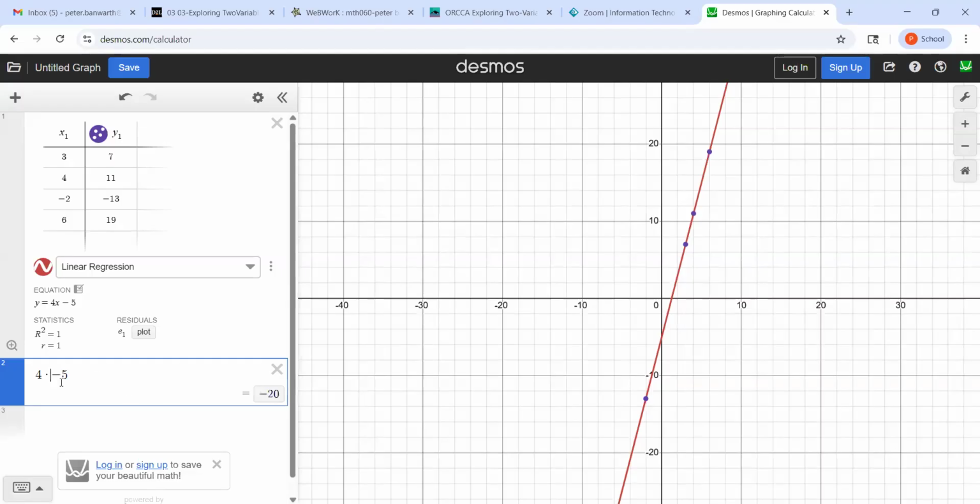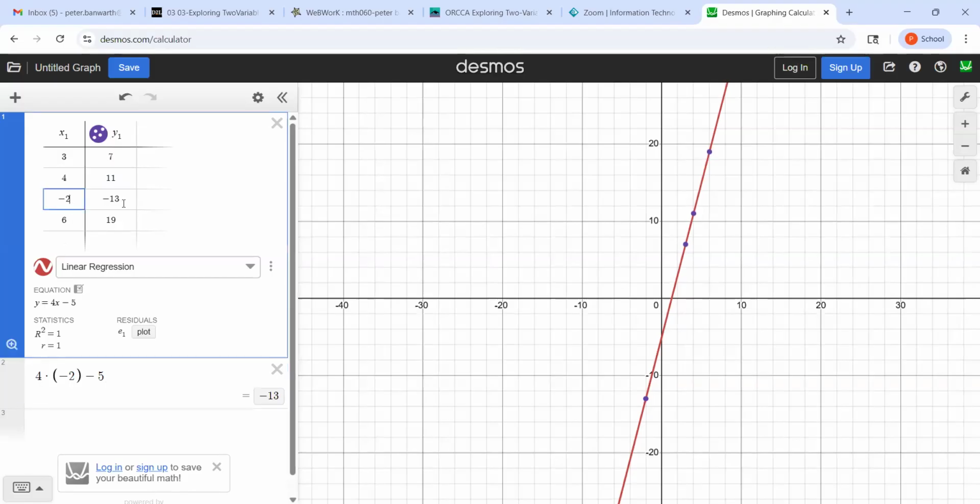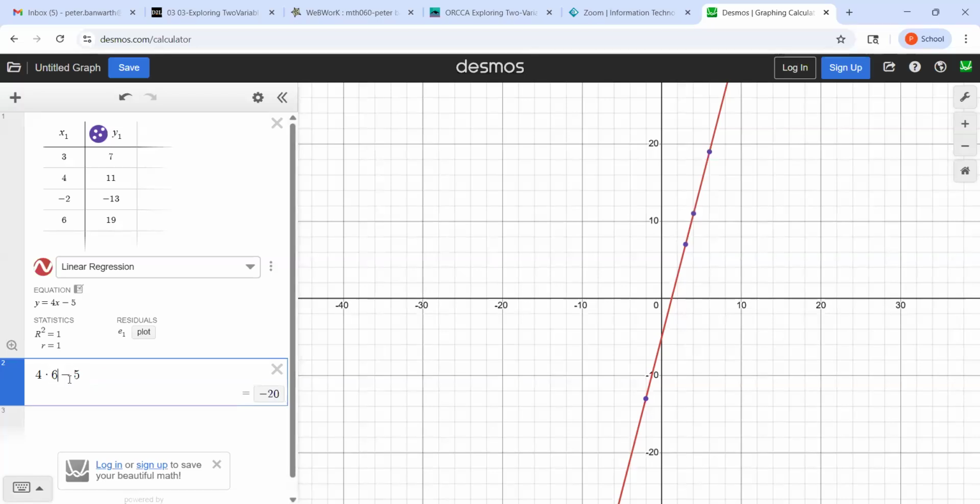Let me change that x to the second one, which was a 4. 4 times 4 minus 5, that's 11, right there. I can do 4 times negative 2, open a parentheses for that negative 2, and then close it. And you get when x is negative 2, y equals negative 13. And 4 times 6 minus 5 gives you the 19 you're looking for.